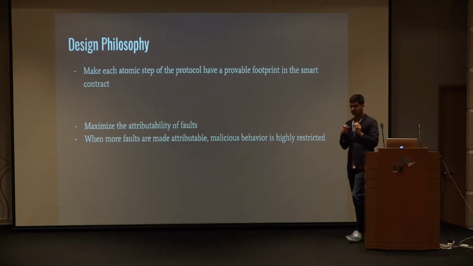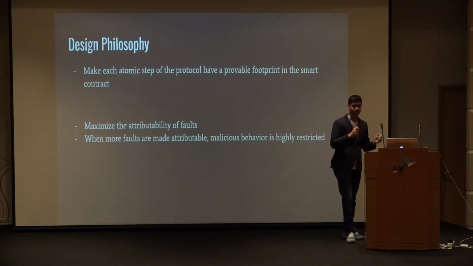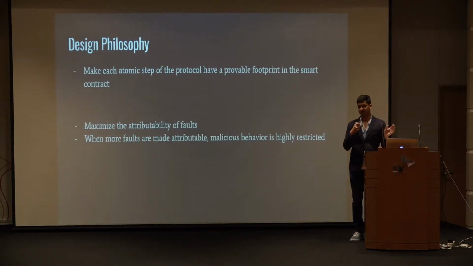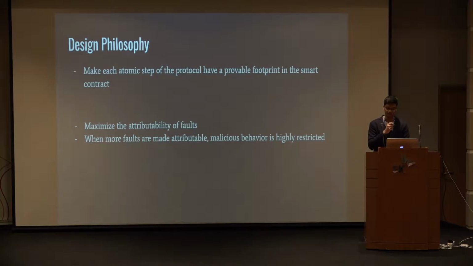And the objective is to maximize the attributability of faults. So any kind of faulty behavior in that particular step should be proven in the data that is retrieved from it. And if we make more and more faults attributable, then malicious behavior is highly restricted because no one wants to be faulty and have everyone know that they are faulty.